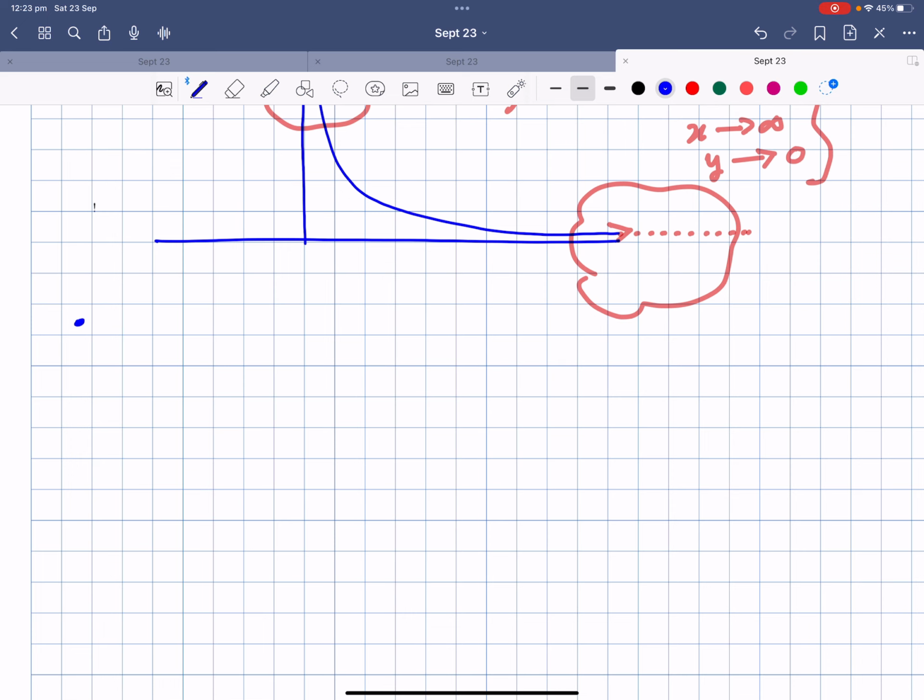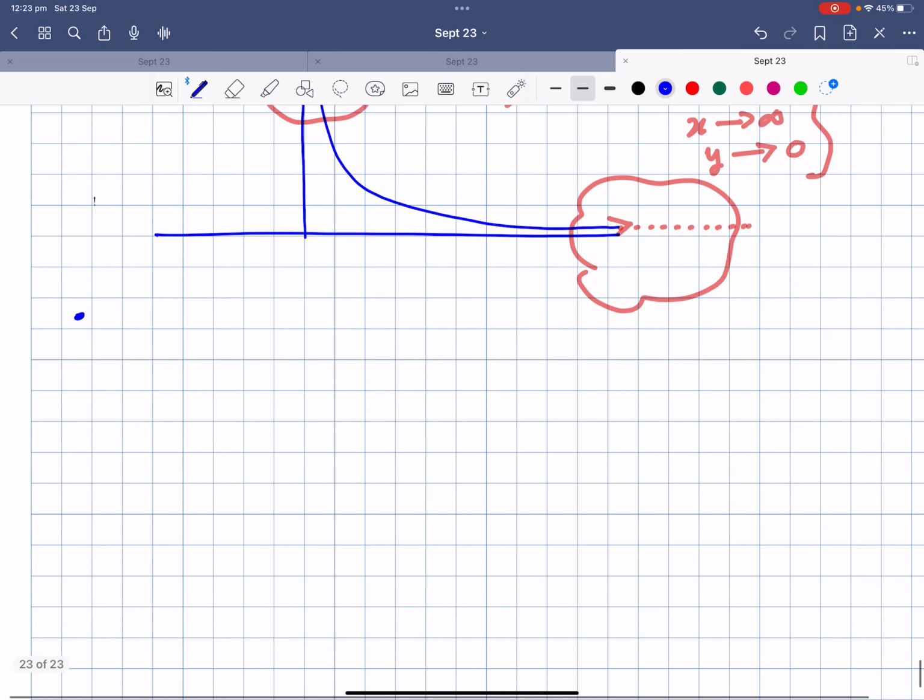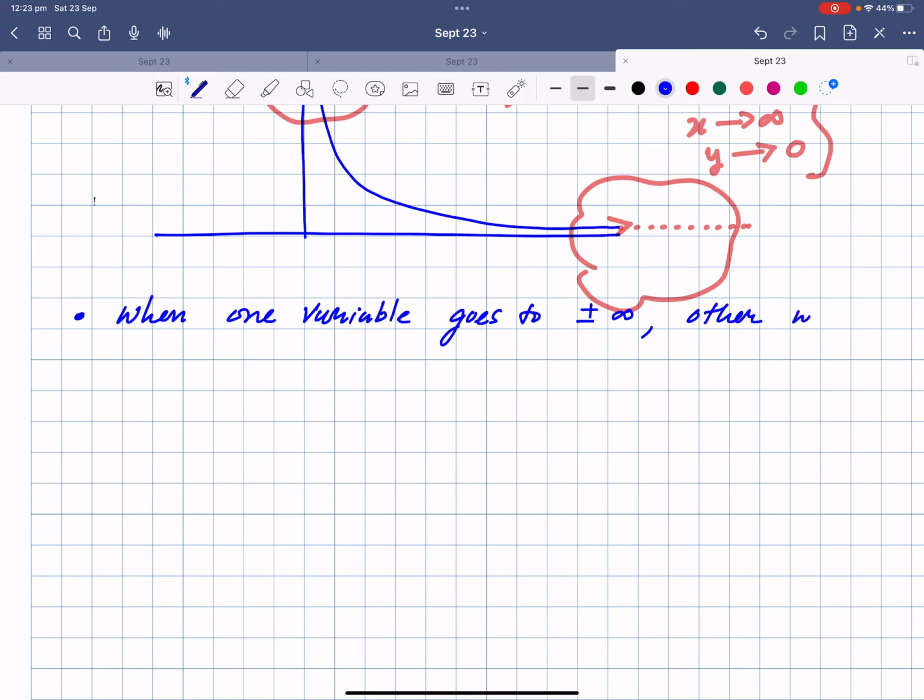You can observe this happens when one variable goes to plus or minus infinity, the other will go to a constant.